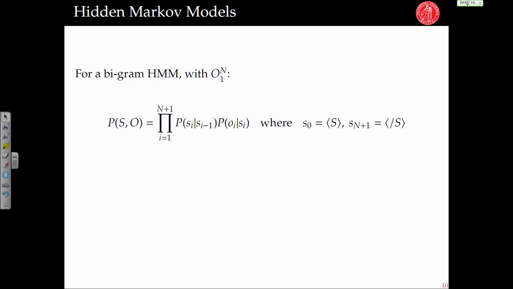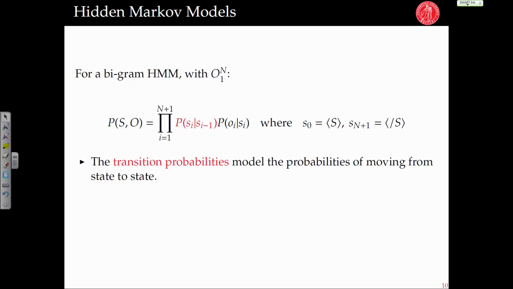When we say i equals 1, this means that for S_1 we are conditioning on S_0, which is the start symbol. And since i goes up to n plus 1, it means that we also include the end pseudo state or end symbol. This term here we will refer to as the transition probability, because it models the probability of transitioning from one state to another.